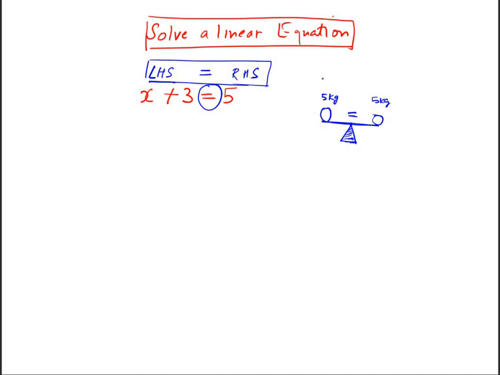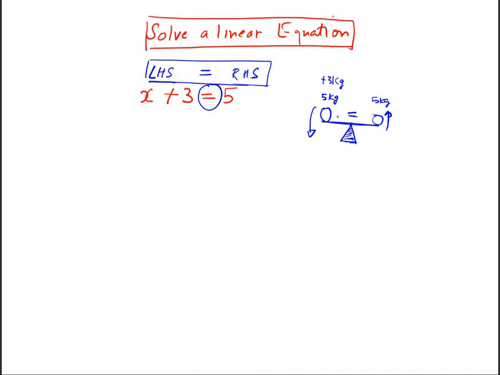Now let's say you added 3 kilos here. So when you added 3 kilos on the left without adding another 3 kilos on the right hand side, what will happen? It will go down and this will go up. So what you've done is you've broken down the equilibrium of the balance by increasing the weight on the left hand side.